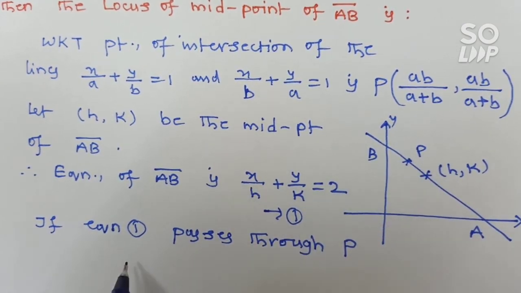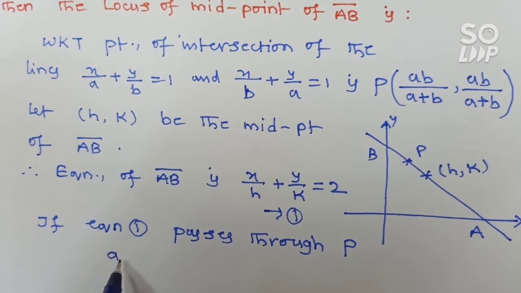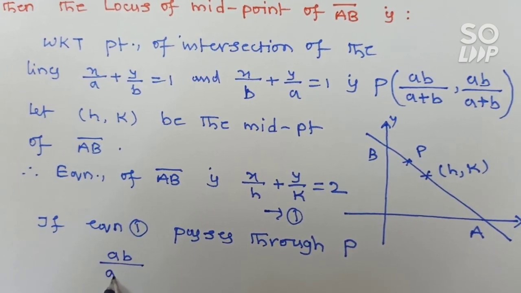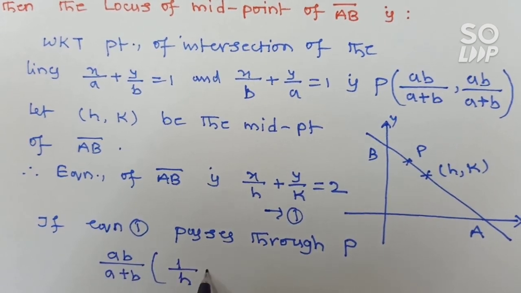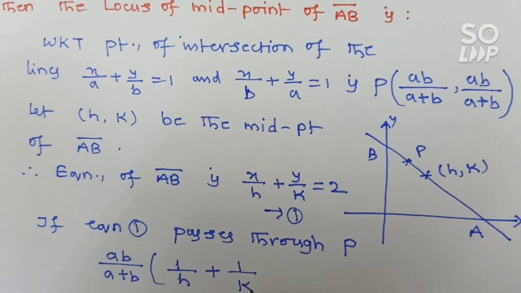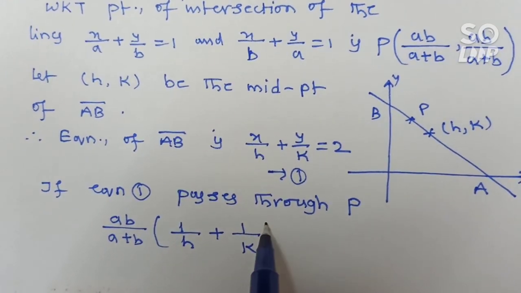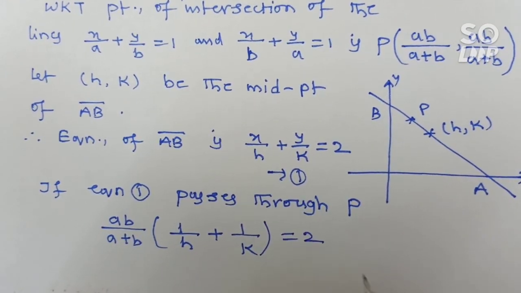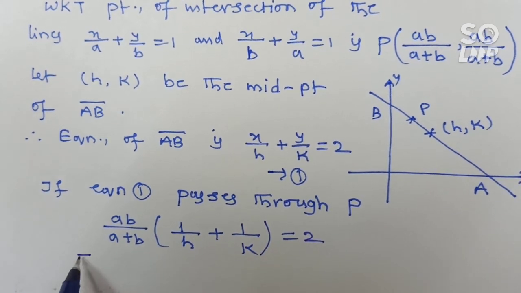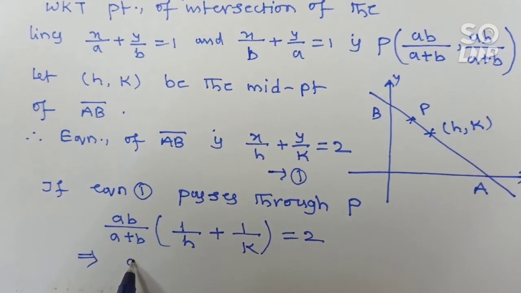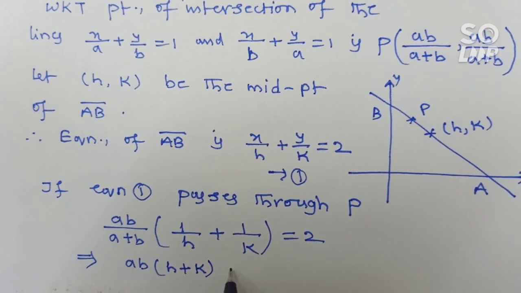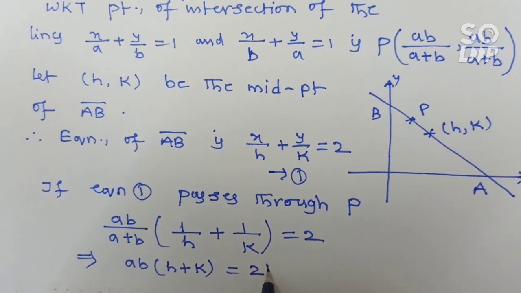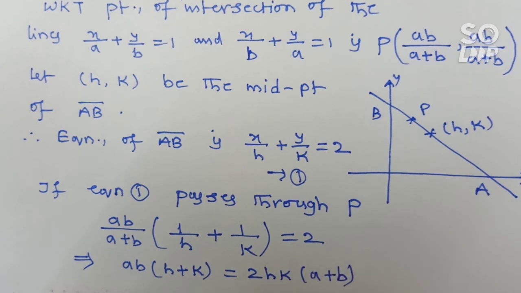So by substituting, you can take ab by a plus b common. Then it becomes 1 by h plus 1 by k is equal to 2. Now you take the LCM. This will be nothing but ab into h plus k is equal to 2 into hk into a plus b. So this is the simplification.